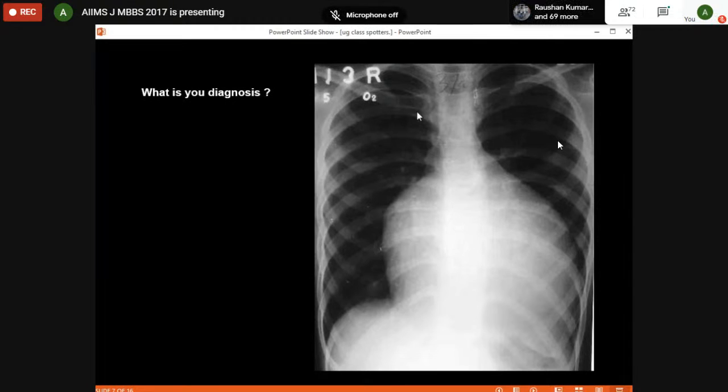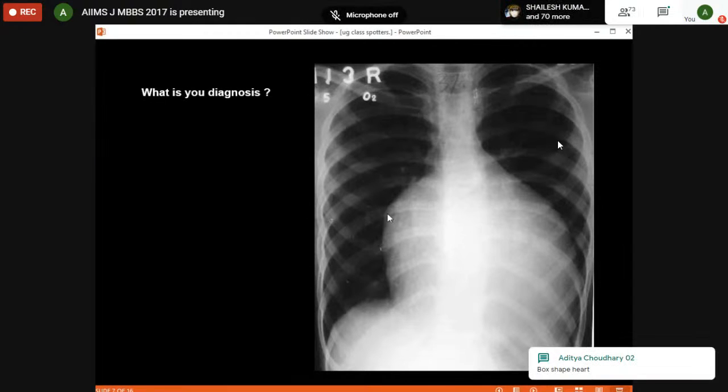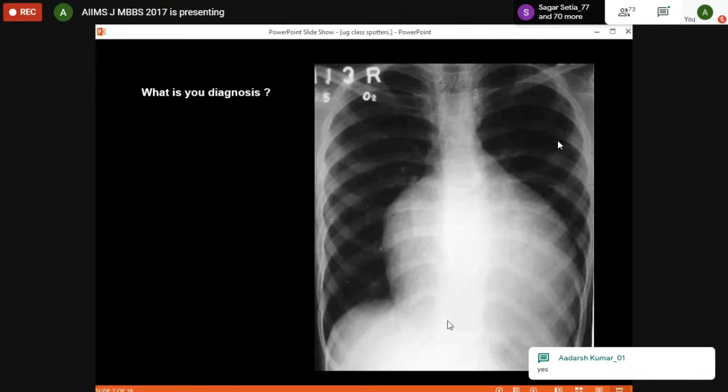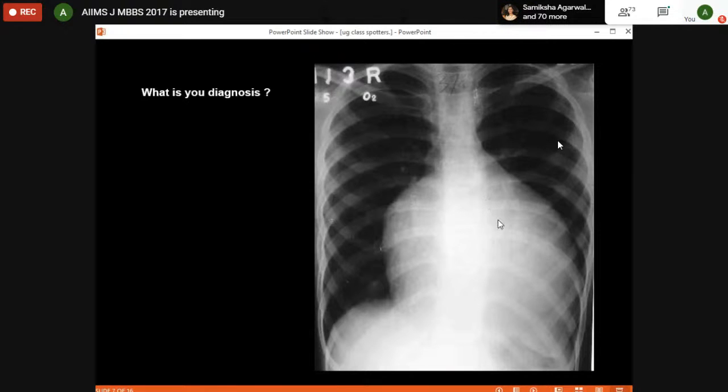Okay, other people, please take part. I'll give you all some more time. Okay, at least you all can say that there is cardiomegaly. This everyone can appreciate, I hope. Okay, so we all can appreciate that there is cardiomegaly.